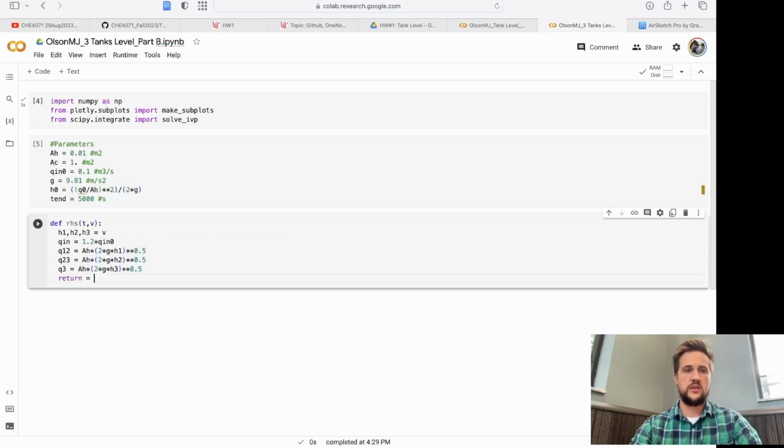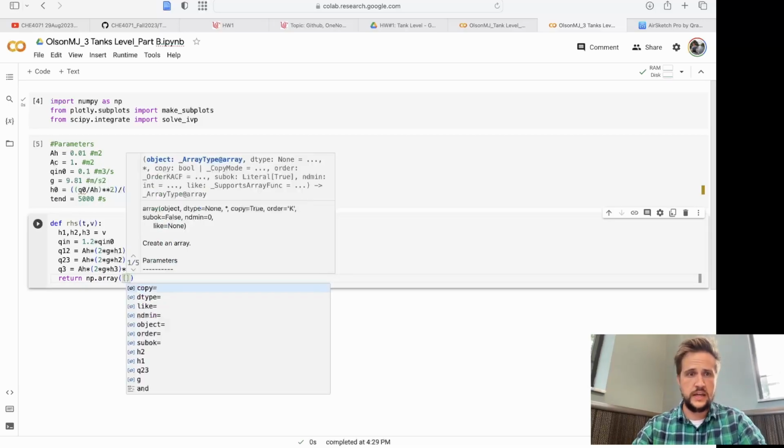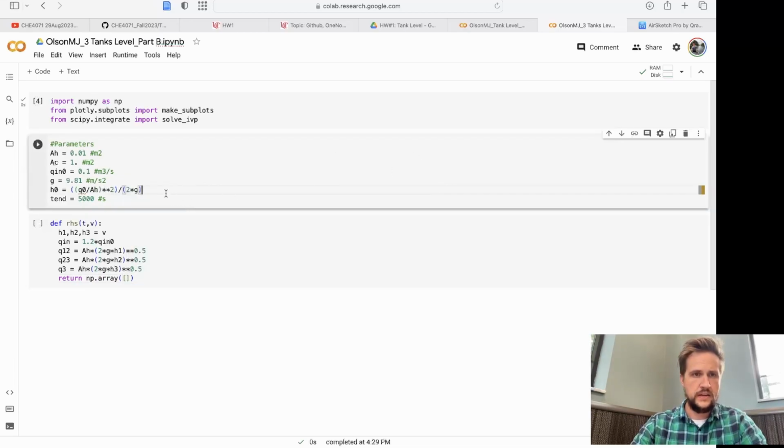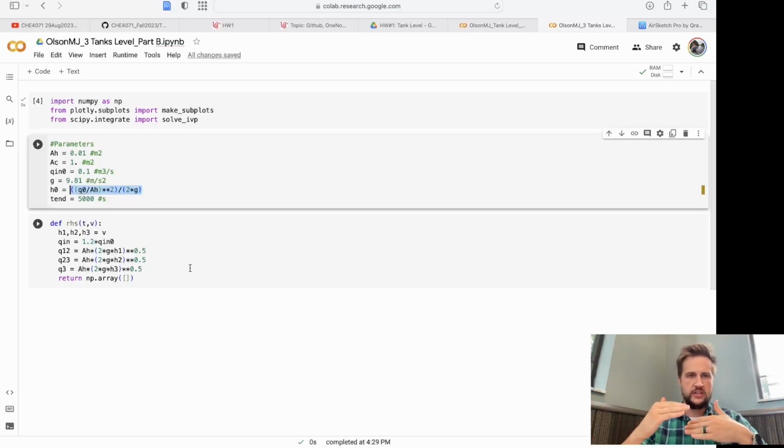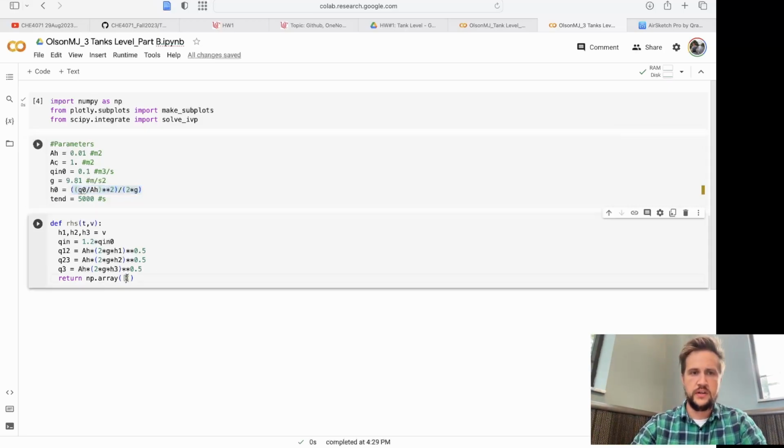Now what is getting returned: return np.array, we want to return an array of values. The array of values is how our fluid height is changing with respect to time, and this is how we derived this out.